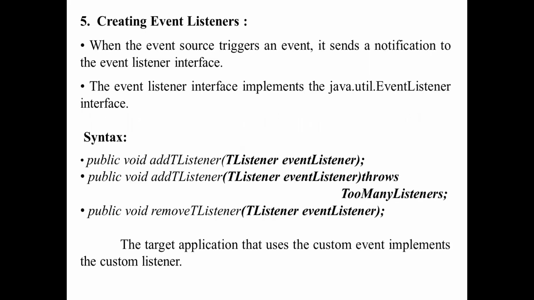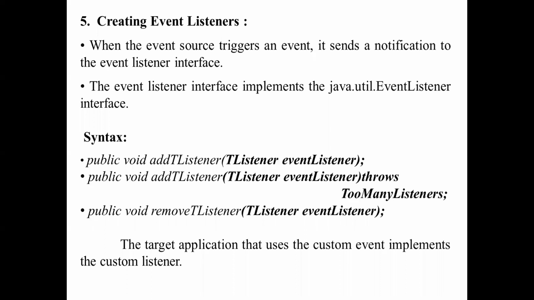And the fifth one is very simple. That is the event listener. Listener means we have to give the information, or give a notification, to the user through the event listener interface. When the event source triggers an event, the source trigger is nothing but an error being raised. That indicates we can send a notification to the event listener interfaces.